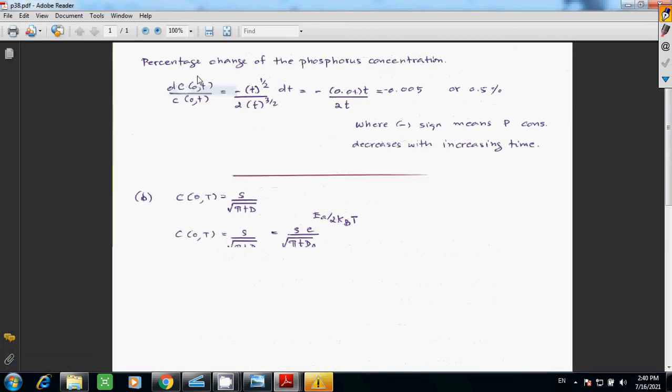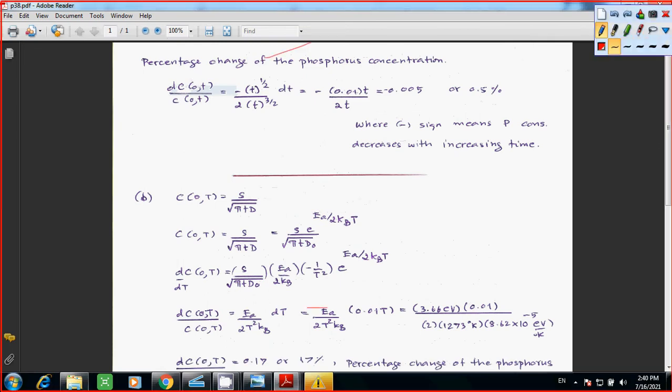Then you apply the percentage change of the phosphorus concentration. You simply divide dC, the variation of impurity concentration, by the impurity concentration, and you end up with this expression.